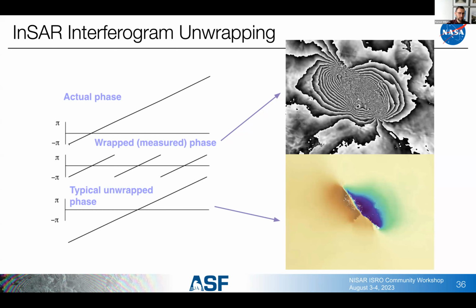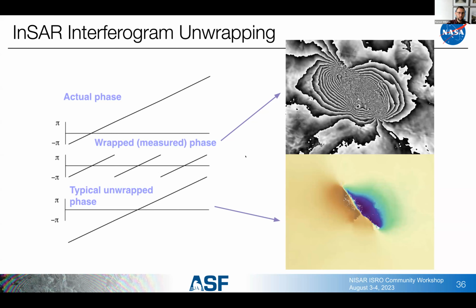So an actual deformation phase that looks something like this, a steadily increasing line, would be represented in an interferogram as something like this, where you increase from negative pi to pi, drop back down again, start out from negative pi to pi again, and drop back down, et cetera.